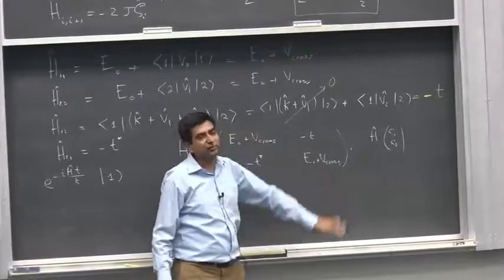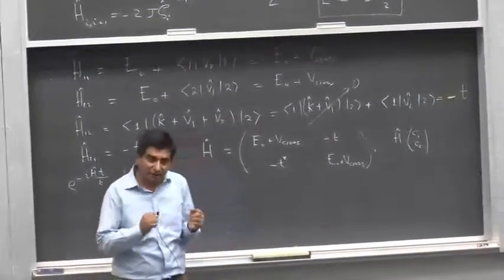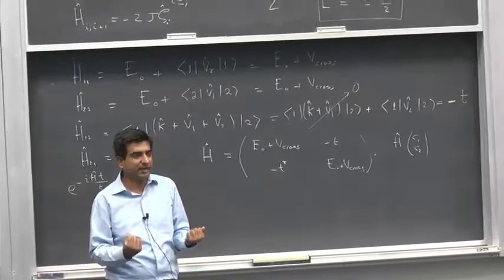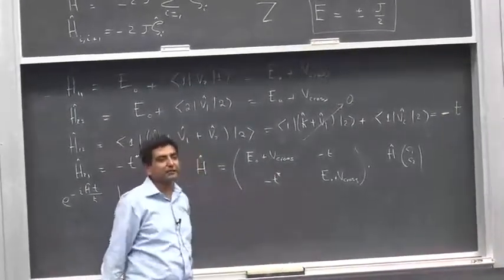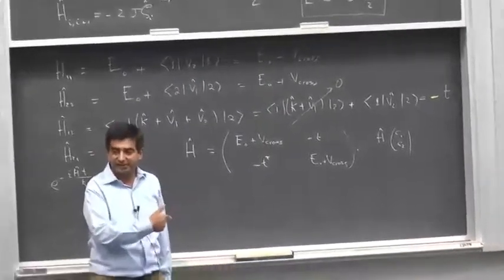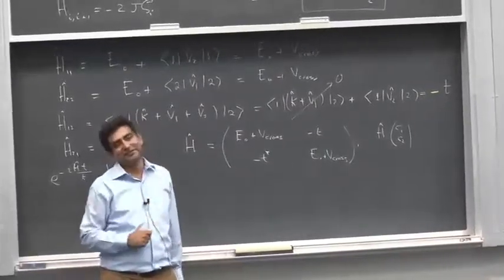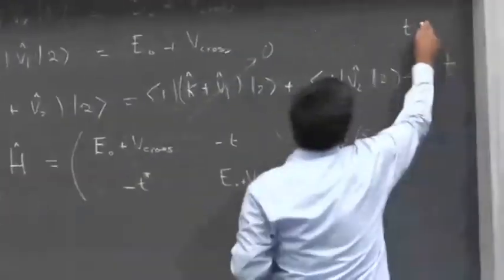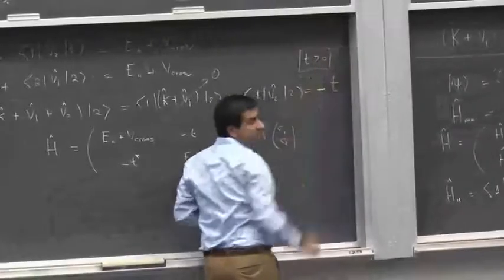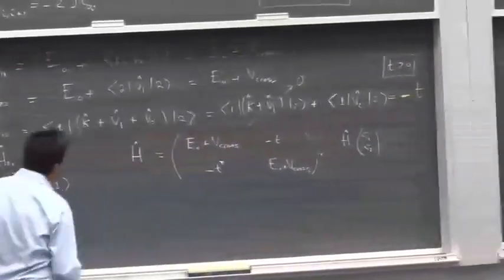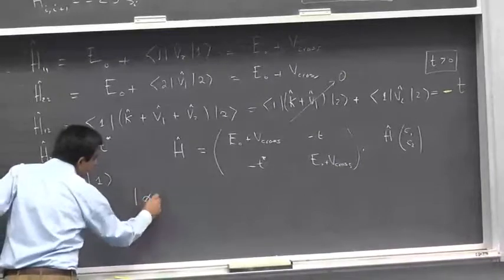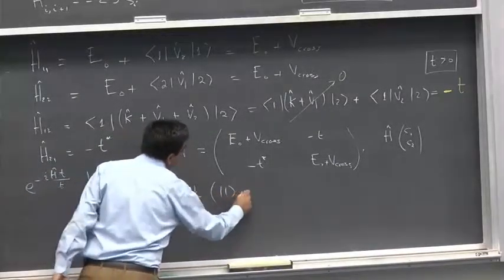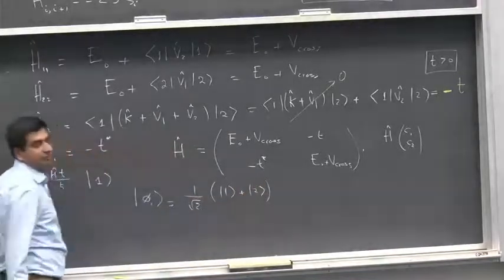This kind of Hamiltonian is called the tight binding Hamiltonian because we assume that each orbital is tightly bound to its nucleus. Now if we look at the tight binding Hamiltonian, we can diagonalize it to find the eigenstates. There are two possible eigenstates. If this is minus T and T is taken to be positive, then one eigenstate, let's label it phi 1, is 1 over root 2 times ket 1 plus ket 2.